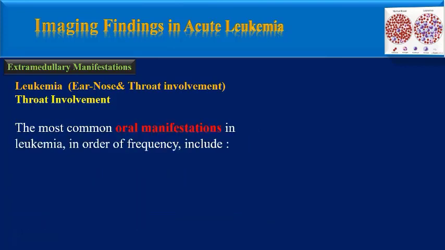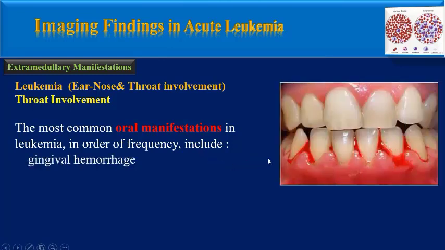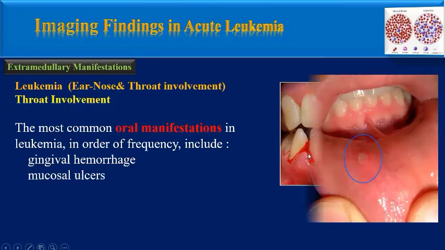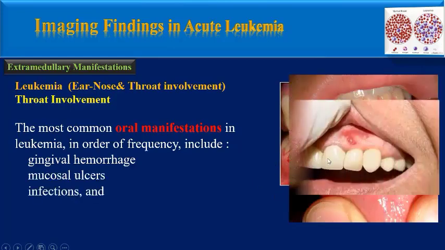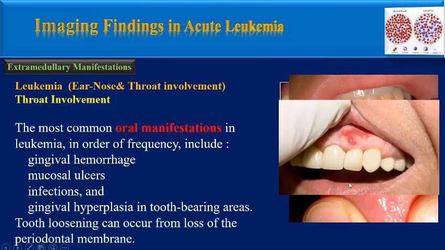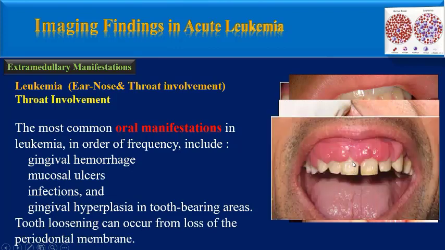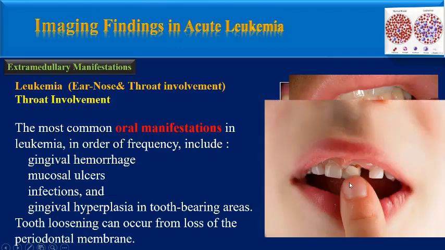The most common oral manifestations in leukemia, in order of frequency, include gingival hemorrhage, mucosal ulcers, infections, and gingival hyperplasia in tooth-bearing areas. Tooth loosening can occur from loss of the periodontal membrane.